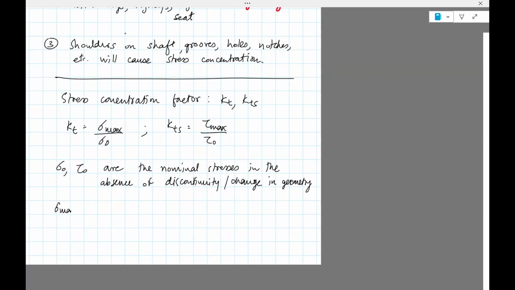But sigma max and tau max are the maximum stresses due to discontinuity or change in geometry. These are the stresses due to stress concentration, in other words.